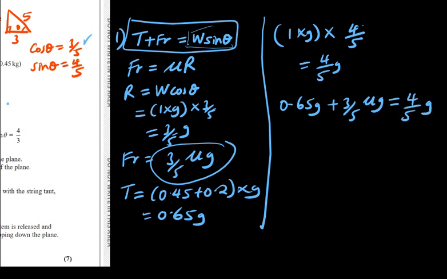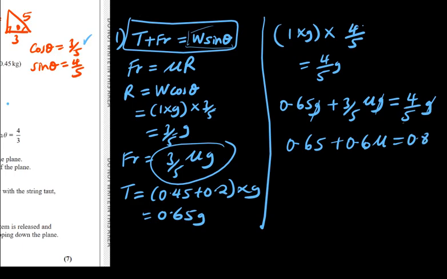So if you cancel the g's, you are going to have 0.65 plus, when you convert this one to decimal, it's 0.6 mu, which is the same as 0.8 when you convert this to decimal.